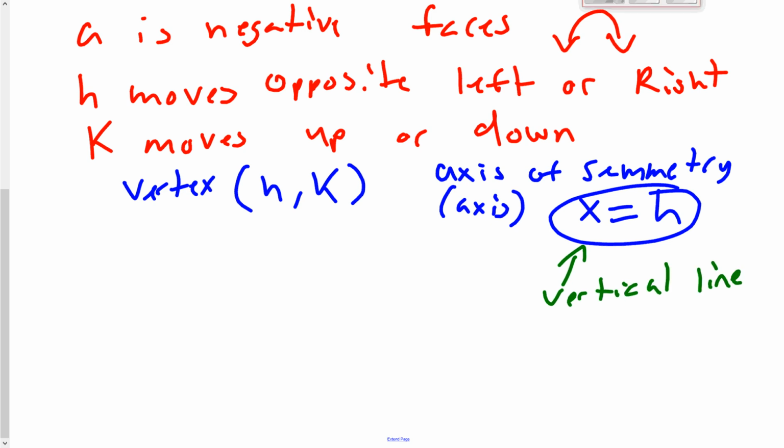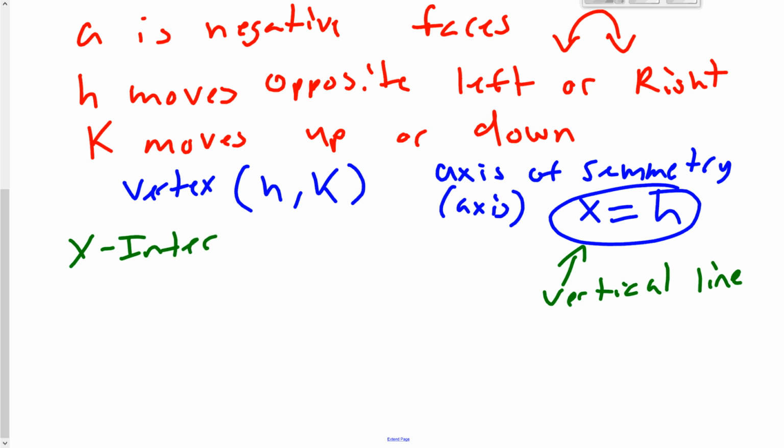A couple more things. Once you have the vertex, all you need really is one other point, and then you just fold the graph over this axis of symmetry. So all you need is 2 points, the vertex and another point. You can find another point by using the x-intercept, where the graph crosses the x-axis.